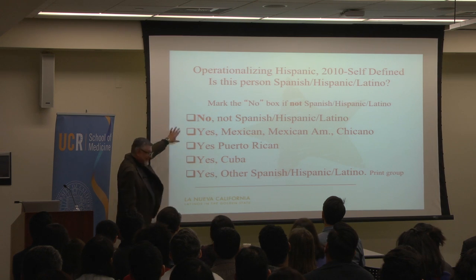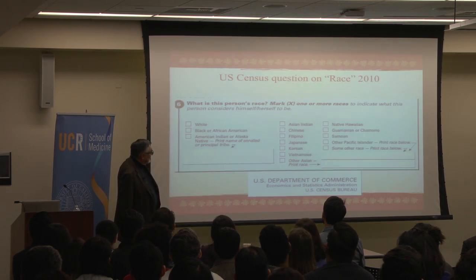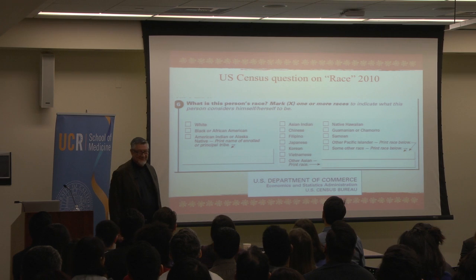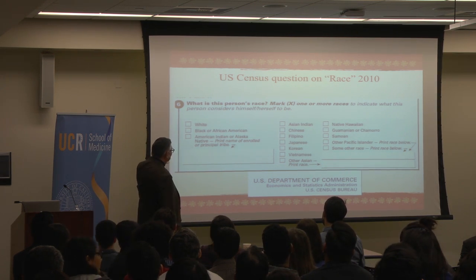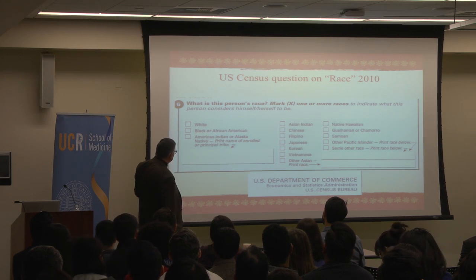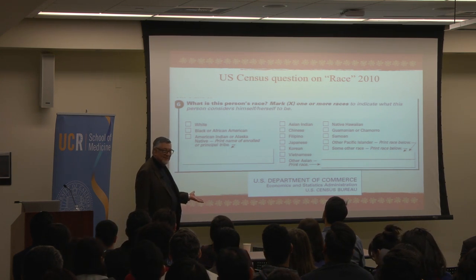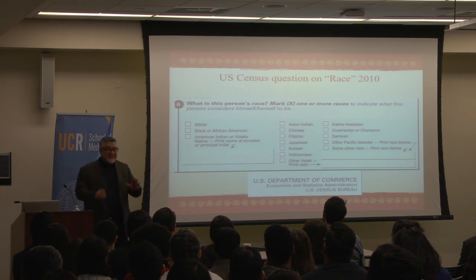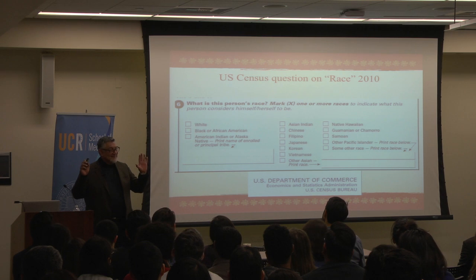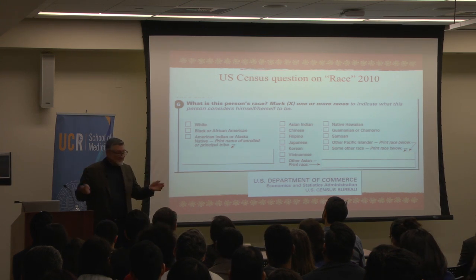So Latinos usually get this. Then, oh, by the way, what race are you? Okay, and most Latinos have the difficulty. Well, where's the Latino? Oh, that's not a race. What do you mean it's not a race? But okay, here is the response pattern nationally, Latinos to the question on race.